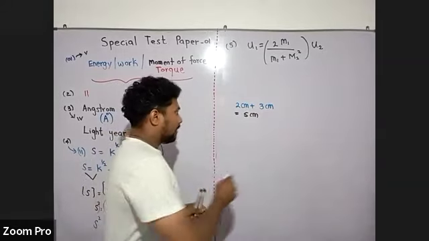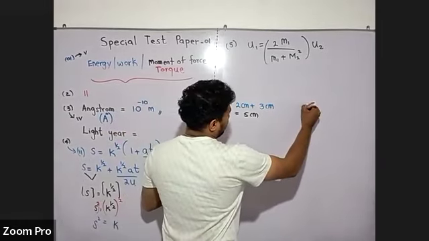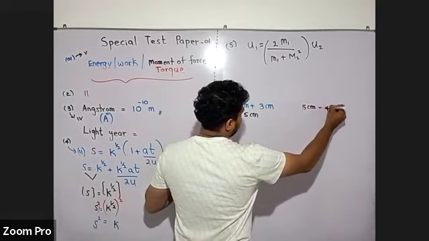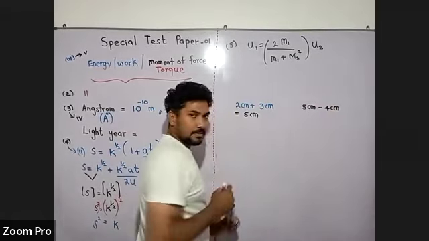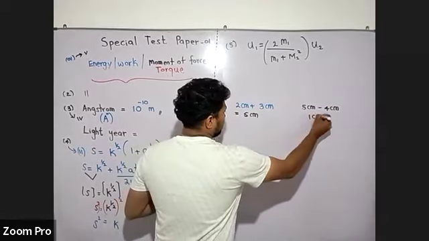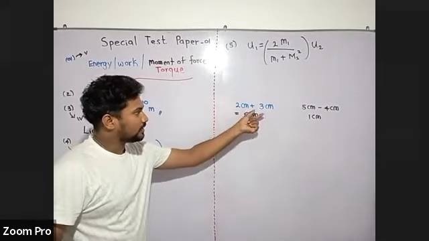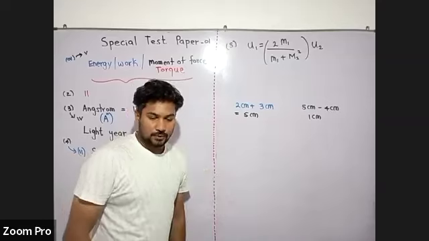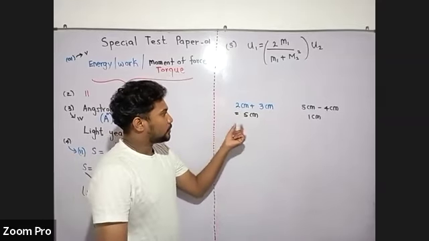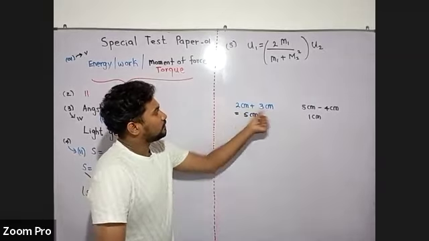So likewise, let's take another one. 5 centimeters minus 4 centimeters. So what is the answer? It should be 1 centimeter. So likewise, if there is addition or subtraction of units, the answer should be given in one of these units, right?